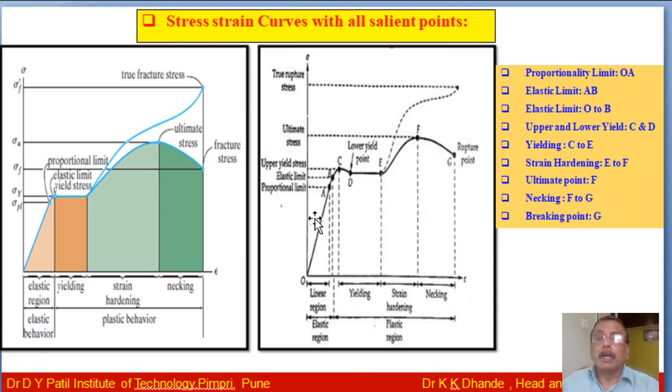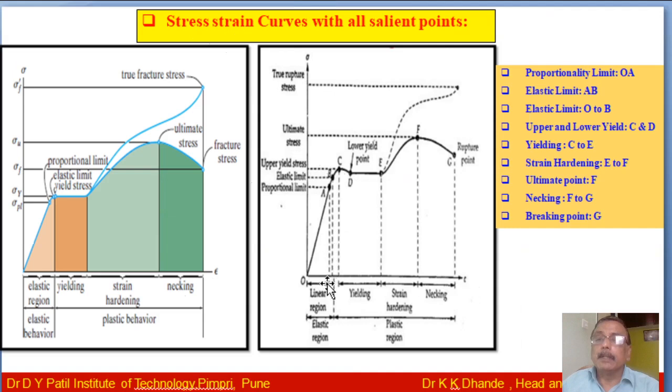The region of the graph from O to B is known as the elastic region. So the stress corresponding to the point B is known as the stress at elastic limit. It means if the load is removed from the point B, the specimen regains its original size and shape.